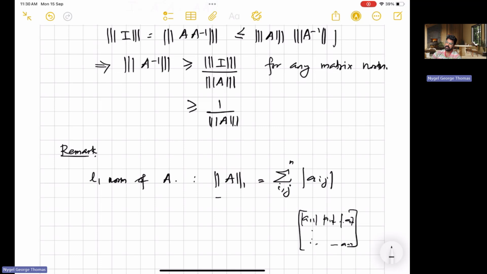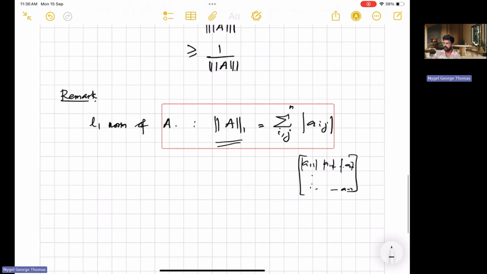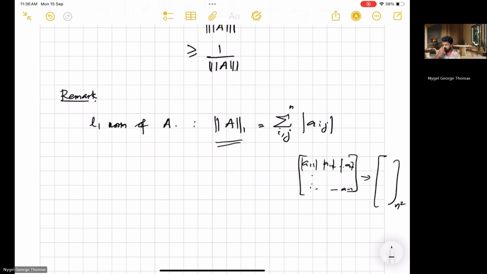But note that here we denote that matrix norm by two bars, because we borrowed this idea exactly from a vector norm. Also note that if you make this into an n squared vector and apply this norm on it, the result will be similar. It's actually one and the same.